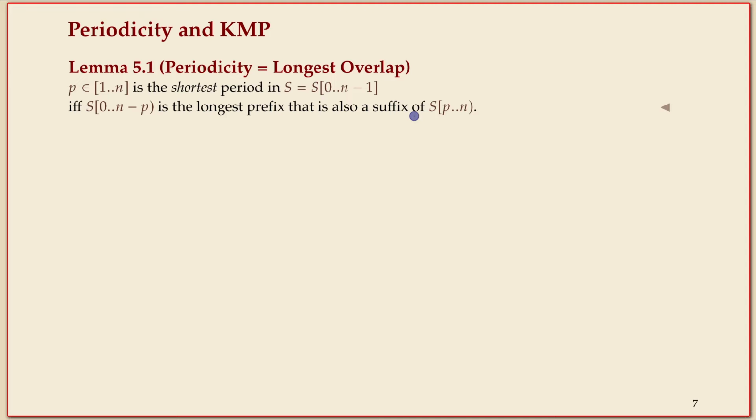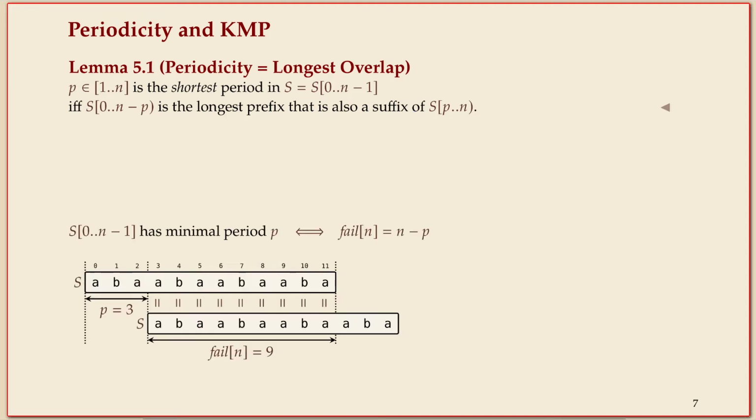So I guess we want to have the picture for this. If the minimal period is p, then that means if you take the first so and so many characters, they're down here, n minus p, that is also a suffix of this part. Okay, so this string here is our S[0 up to n minus p].